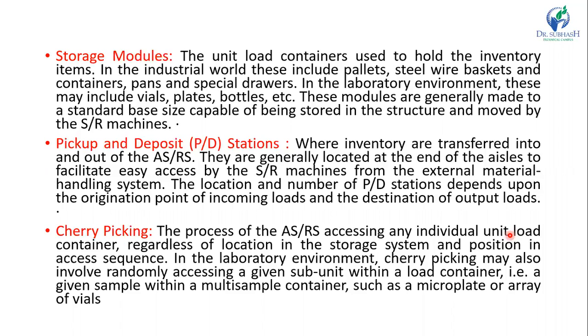The location and number of PD stations depend upon the origin point of incoming loads and the destination of output loads. Then cherry picking, the process of the ASRS accessing any individual unit load container regardless of location in the storage system and position in the access sequence.